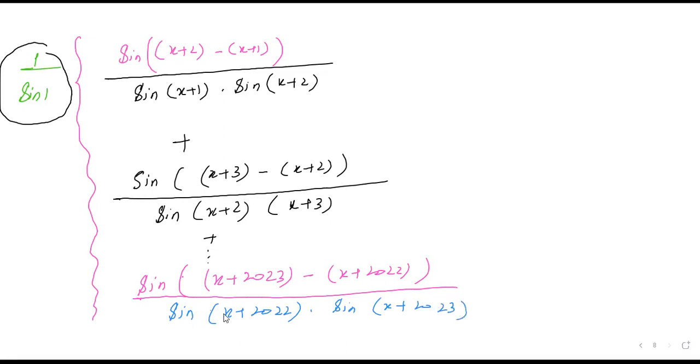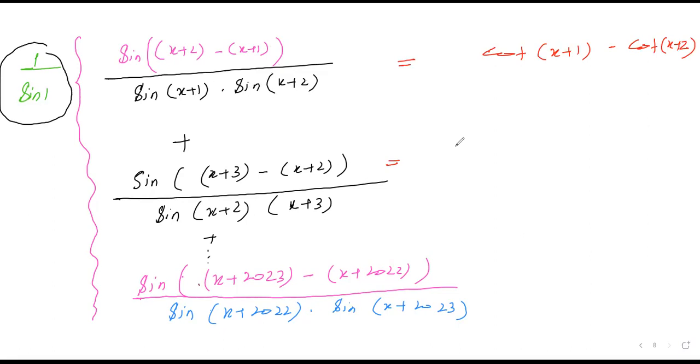Now please expand the sine in every numerator. So you will get sine x plus 2 cos x plus 1 minus cos x plus 2 sine x plus 1, and divide each term by sine x plus 1 and sine x plus 2. So here you will get cot x plus 1 minus cot x plus 2.